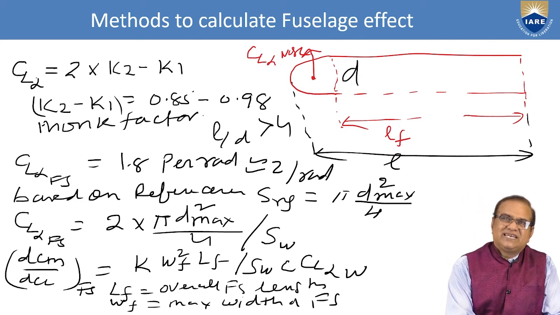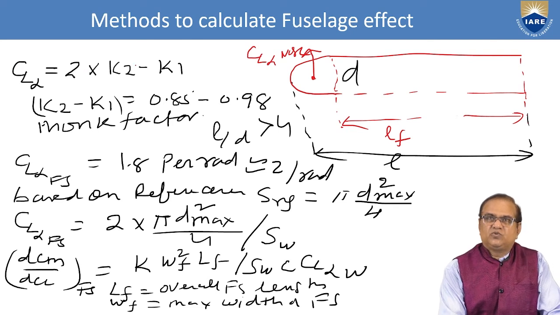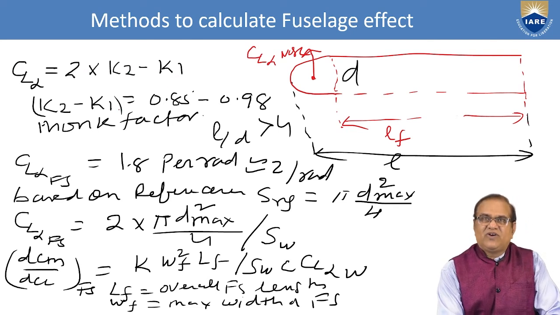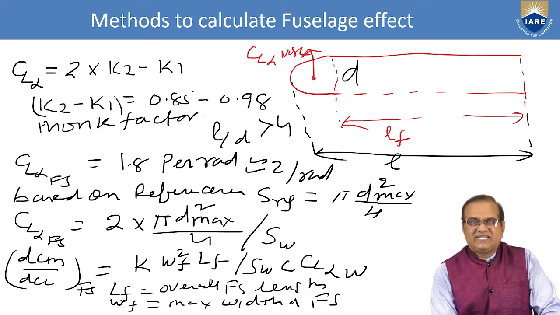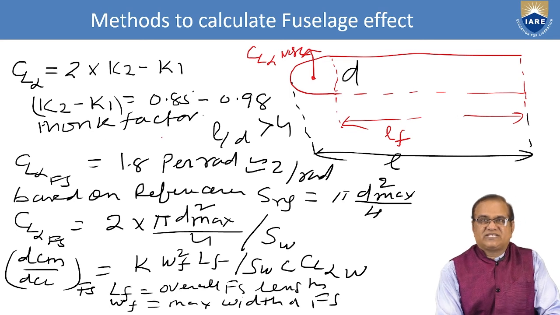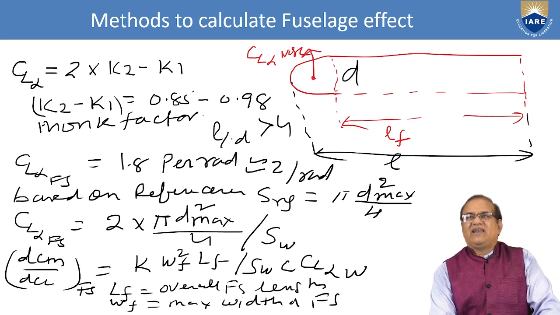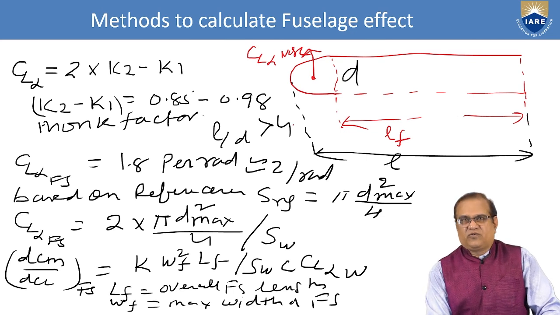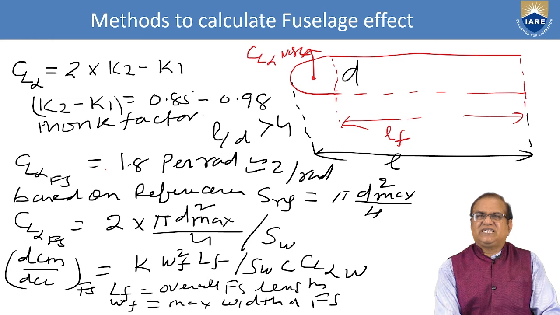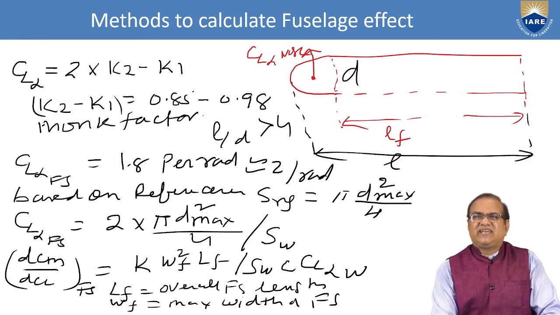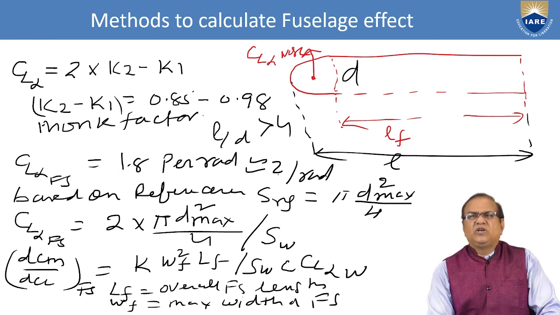This CL alpha is equal to 2 into K2 minus K1, where K2 minus K1 ranges from 0.85 to 0.98, and this is called the Munk factor. This condition is only applicable for L by D greater than 4. This CL alpha of the fuselage is mostly 1.8 per radian, or you can assume 2 per radian.